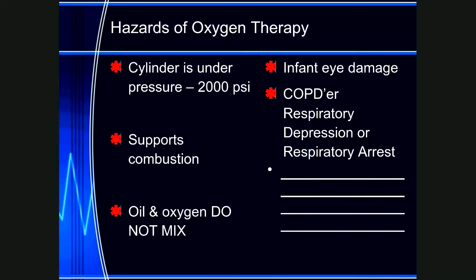It is true that if you administered 15 liters a minute of oxygen for 4 hours to a COPD patient, they very well may go into respiratory arrest. The key here is to remember, never withhold oxygen from a patient who needs it.